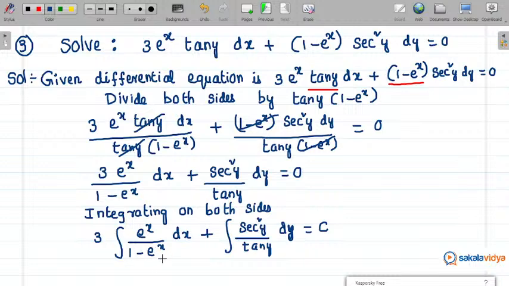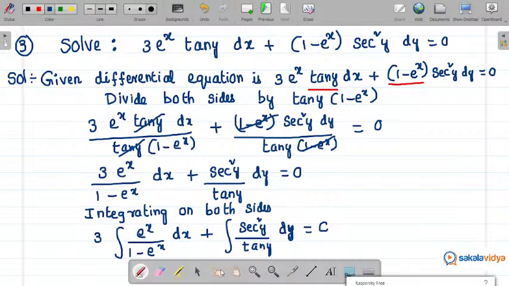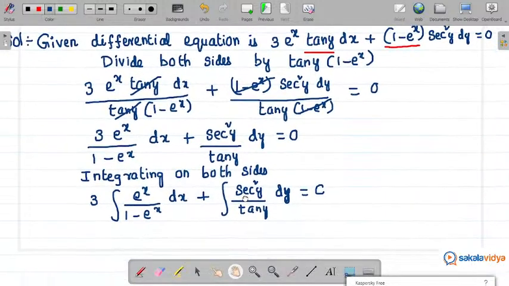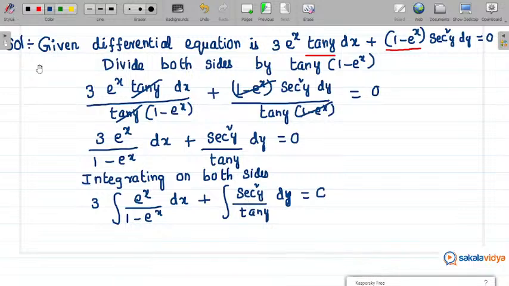The differentiation of 1 minus e power x is minus e power x, but here we have e power x. How can we make it the derivative of 1 minus e power x? Why not? We can write this as minus 3 times the integral of minus e power x by 1 minus e power x dx.